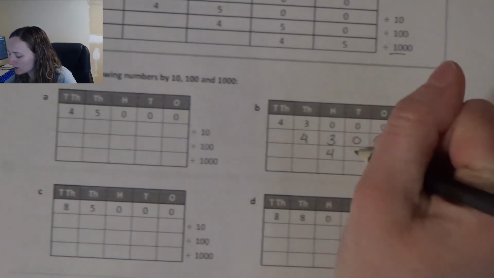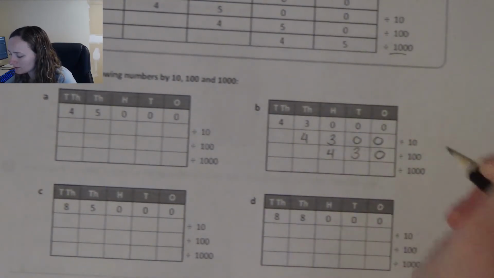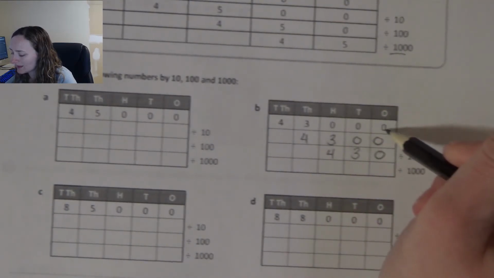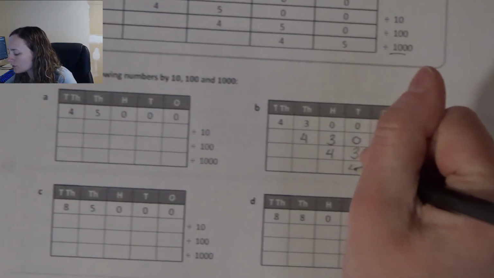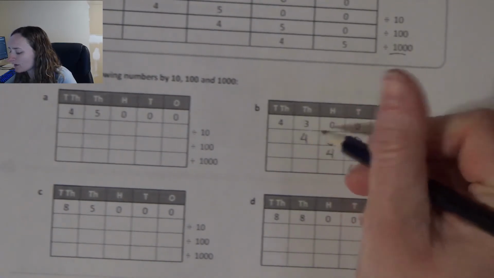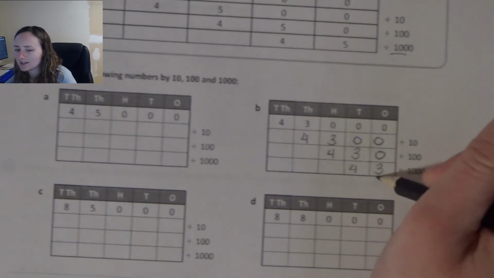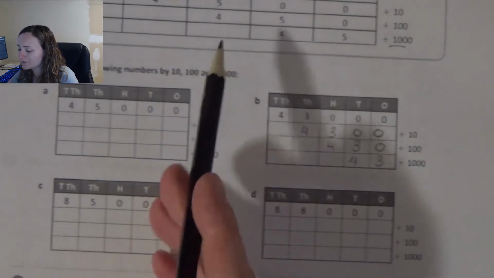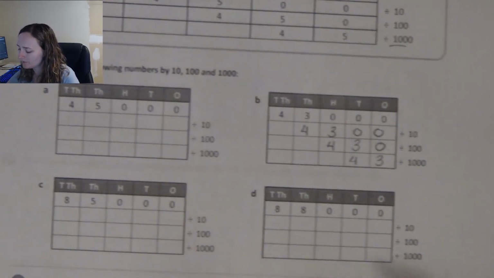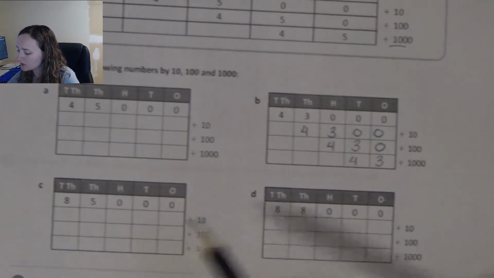Move it over one more time. 4, 3, 0. 43,000 divided by 100 is 430. And move it over one more time. 43,000 divided by 1,000 is 43. So basically for A, you are copying exactly what they put up here. And then it is up to you to do C and D.